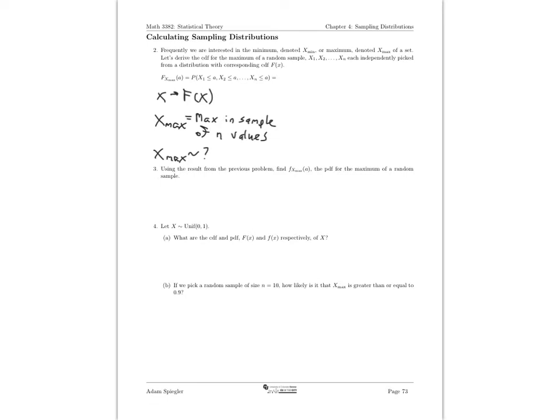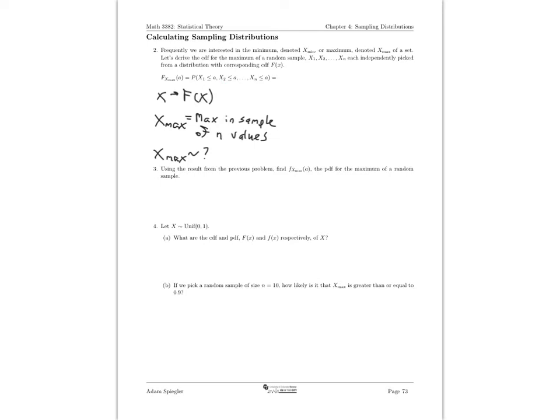If I were to say, for example, what is the cumulative probability that the maximum value of x in my sample of n values is a, then what that means is every value of x that I pick should be at most a. So in other words, the probability that x max is less than or equal to a would be the probability that each of our individual x's is less than or equal to a.